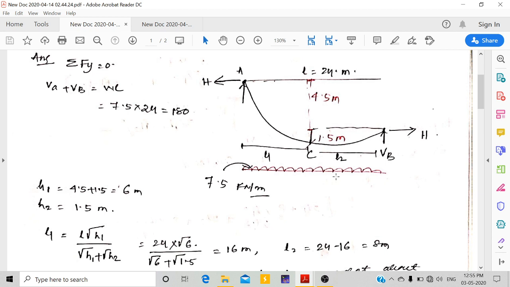In the 3 hinge case also I have said, when the supports are at different levels we can solve it. First step we have to take moment about this C from the left hand side, then we will take moment from the right hand side about the point C, then we can add them, then we can calculate the H. Same procedure we are going to follow here.